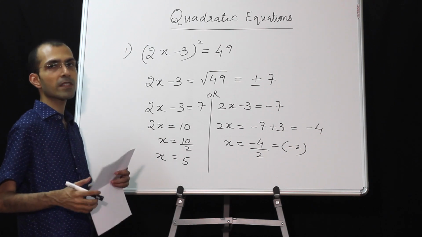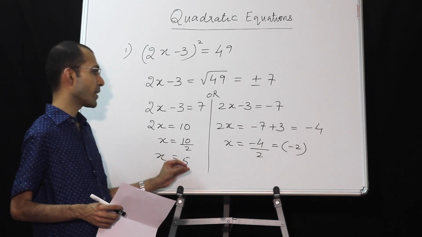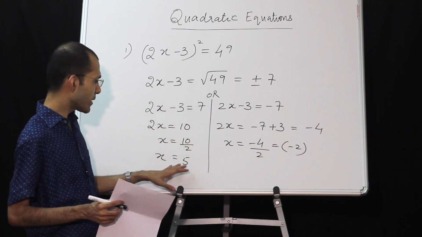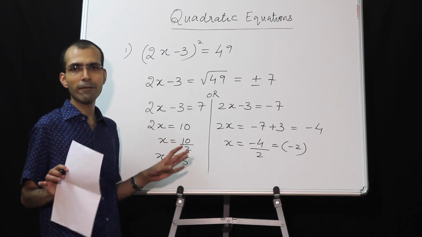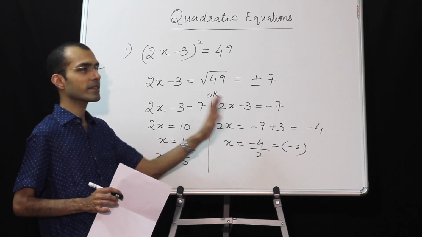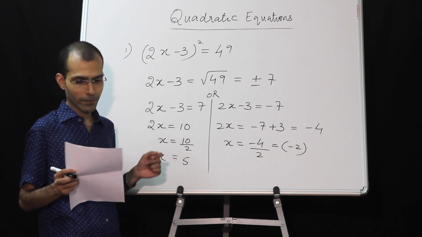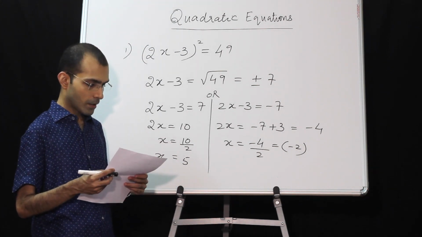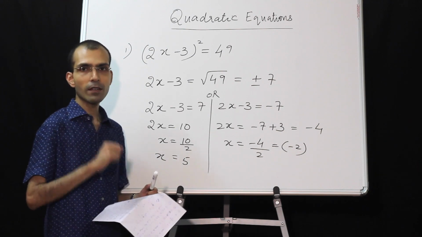So there are two possible answers. Either x can be 5 or x can be minus 2. No need to write solution set from the exam viewpoint. No marks are reserved for it. You can leave the answer at this stage. Absolutely no problem.